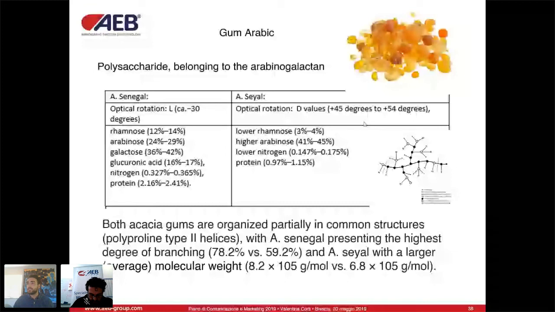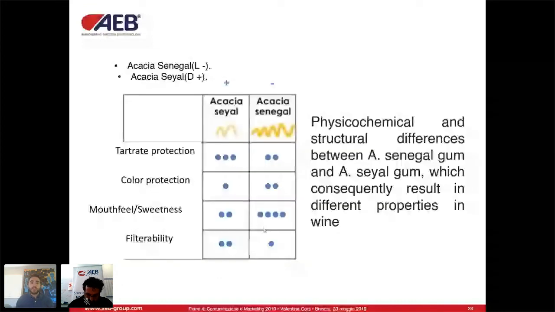As you can see, here is the common structure, the black part, while the branching is the white part. So they differ in the degree of branching and the sugar concentration that they have in their branch, and they differ in molecular weight. So they have different physicochemical and structural properties, and therefore different abilities in the wine.